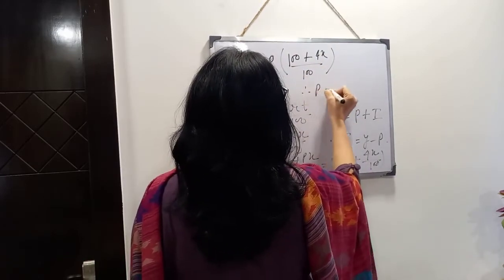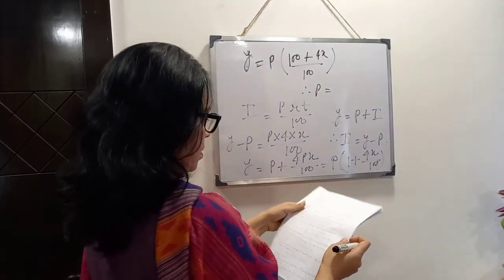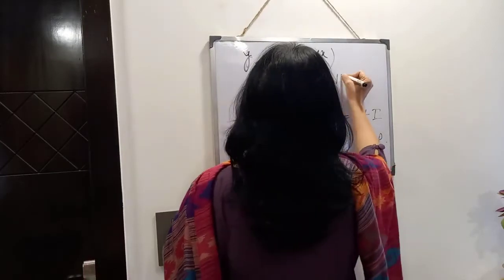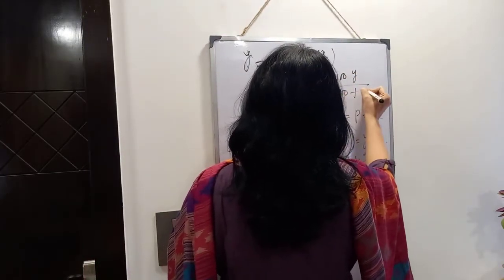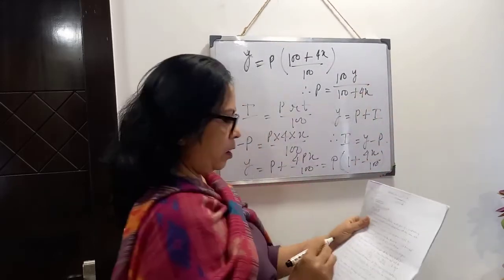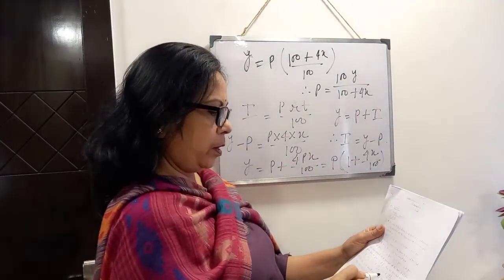Therefore, P is coming after cross multiplication 100Y by 100 plus 4x. Option number 100Y by 100 plus 4x. Option 3.